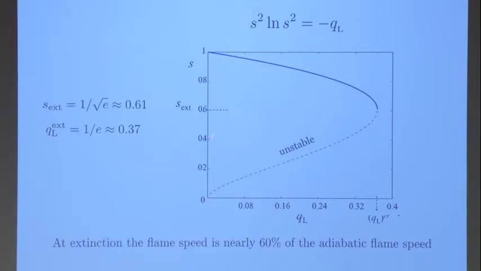So we have a simple expression for the extent of heat loss that will kill the flame, which is given here, in dimensionless form, by 1 over e, or about 0.37. And what we see is that the flame is getting extinguished when the speed drops to about 60%. When it reaches about 0.6 of the laminar flame speed, the flame is gone.